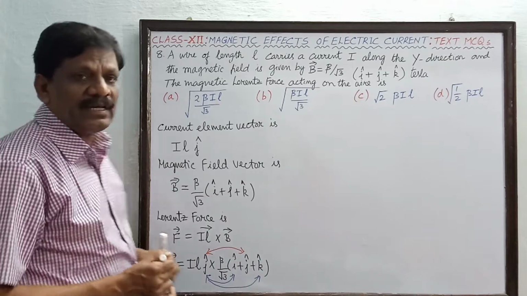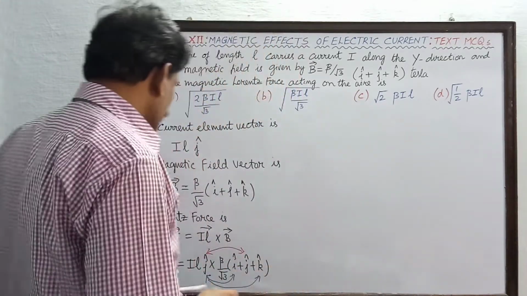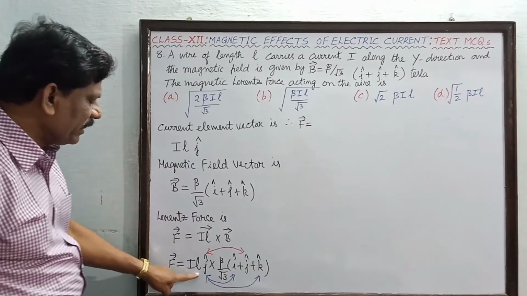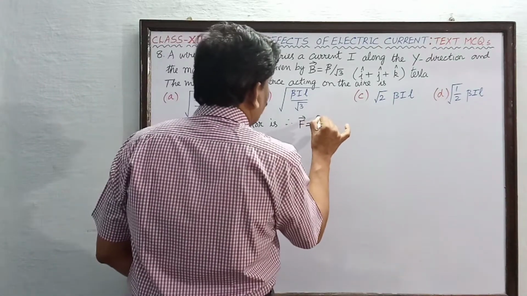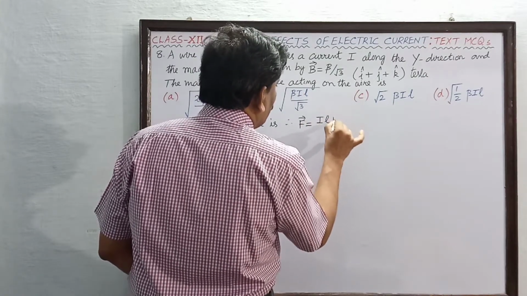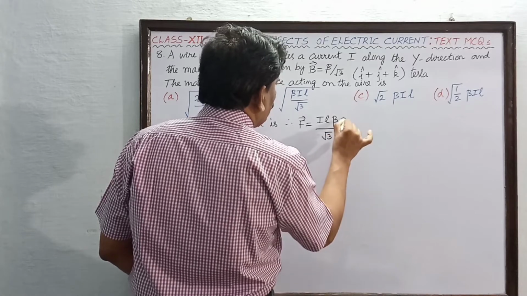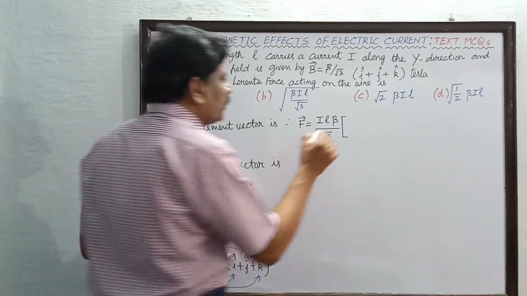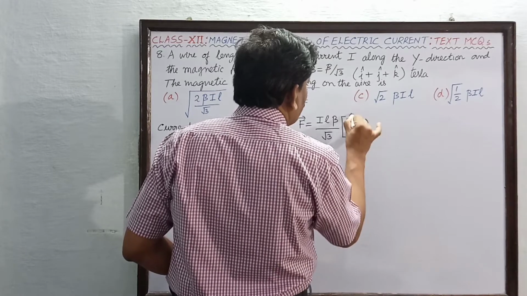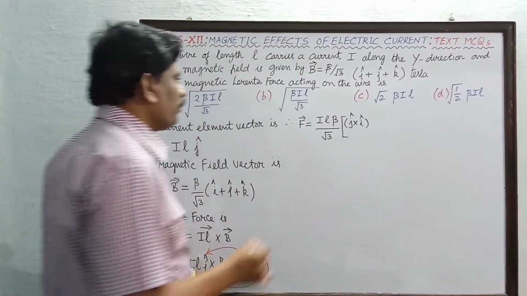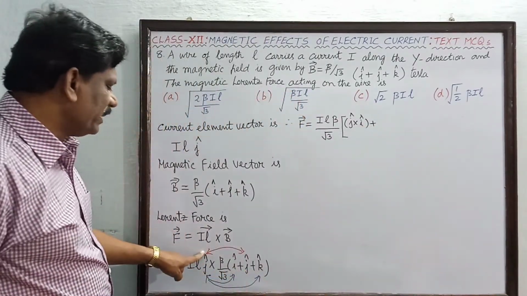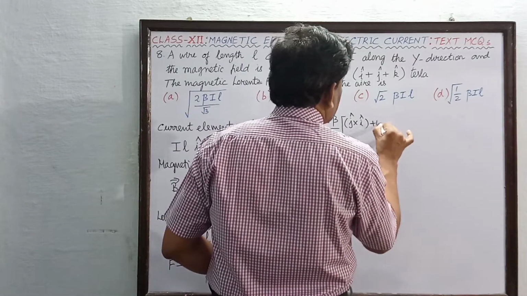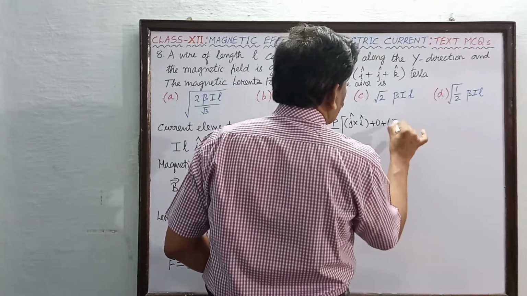So the force vector is equal to IL beta divided by root 3, that is a coefficient, into j cross i, plus the second one, j cross j, which becomes 0, plus the third one, j cross k.